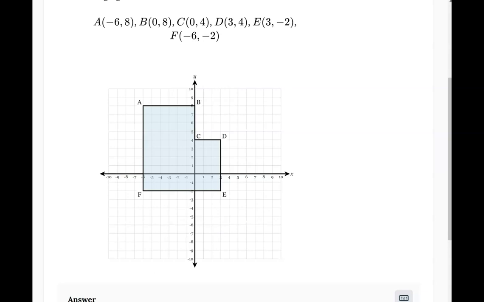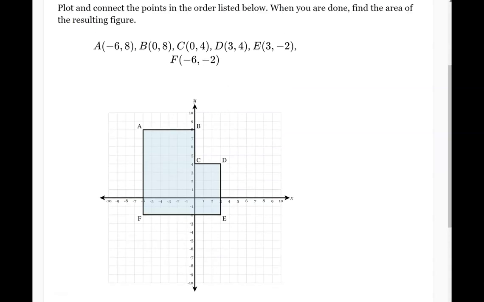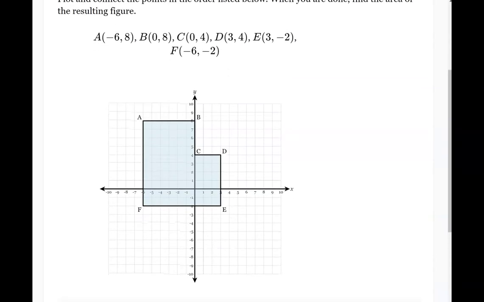When it graphs the figure, you might see that we actually have 2 separate rectangles here. We've got this one in red, and we've got this one over here in blue.